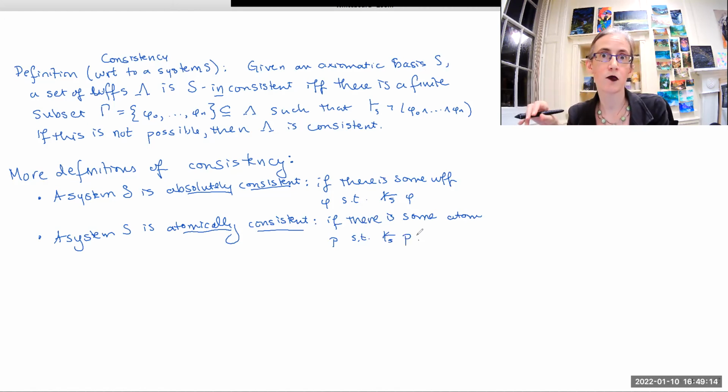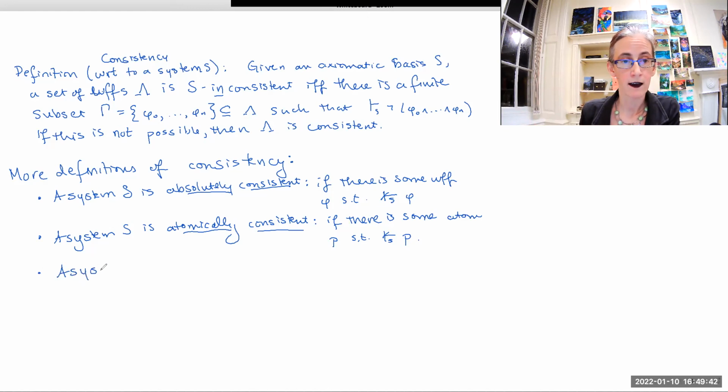All of the systems that we've looked at so far are going to be atomically consistent because they don't prove any atoms. It's not just that there's one it doesn't prove, it doesn't prove any of them. Something you can immediately see is that every system that is atomically consistent will be absolutely consistent, because atoms are well-formed formulas. So if you don't prove an atom, there is some well-formed formula that you do not prove.